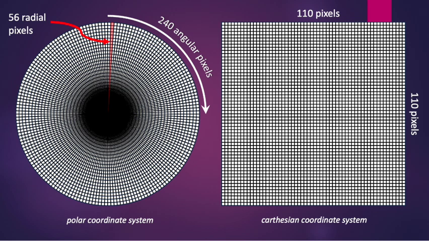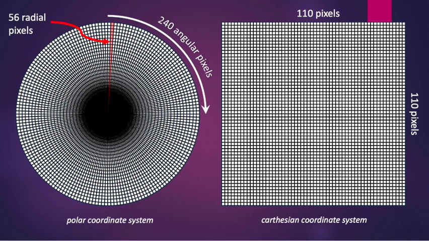In the polar coordinate system of the display, 56 times 240 pixels are therefore available, which corresponds to 13,440 pixels. When the image data is output to the LEDs, the radial LED data of each line is output one after the other for each angle.